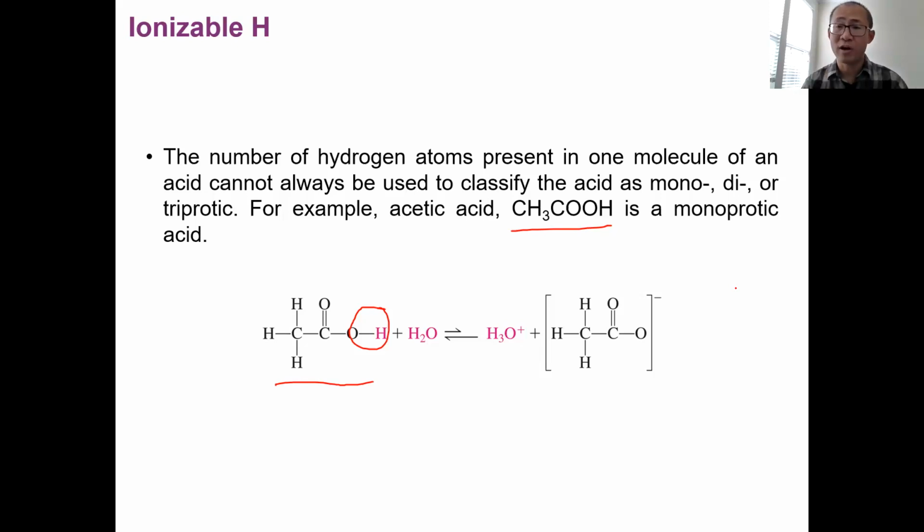Usually, like in organic acids, hydrogens bonded to carbons won't be ionizable. Hydrogens bonded to nitrogen, and mostly oxygen, are most likely to be ionizable. Again, we don't elaborate here, but there are many hydrogen-containing compounds that may not even be acids. It depends case by case.